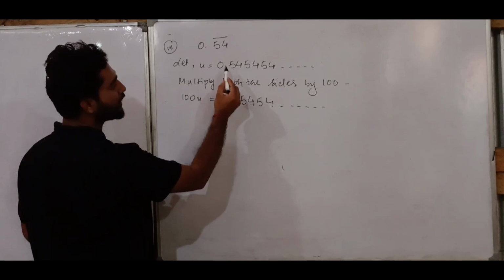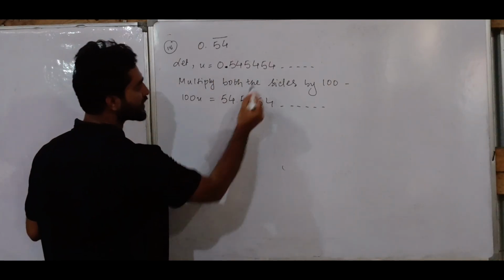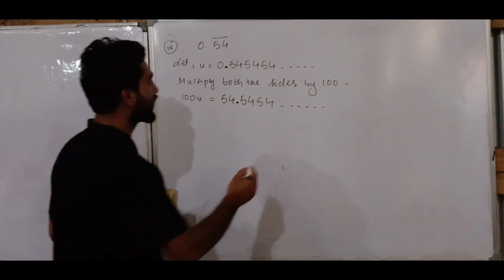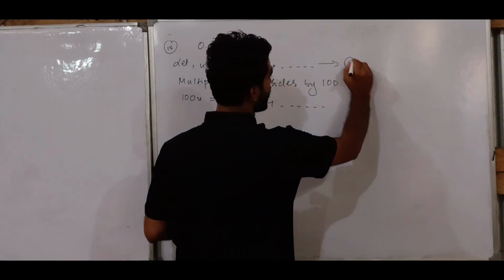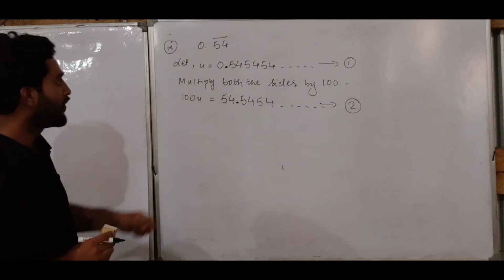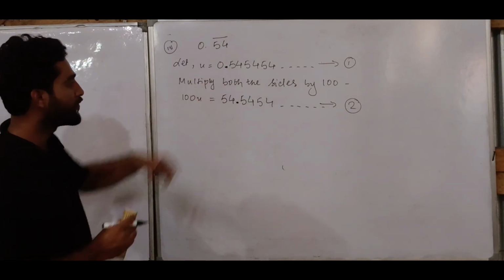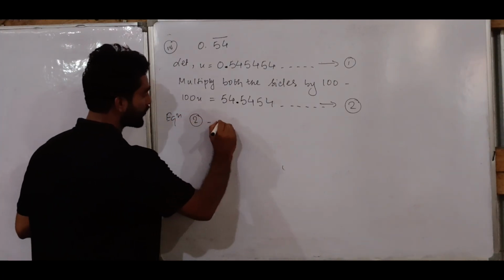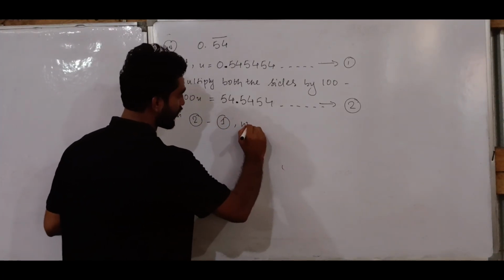In this equation also after the decimal point the digits are same. In this equation also after the decimal point the digits are same. So we can consider this one as the equation number 1 and this one as the equation number 2. Now we subtract the equation 1 from 2. So in short we can write equation 2 minus 1.